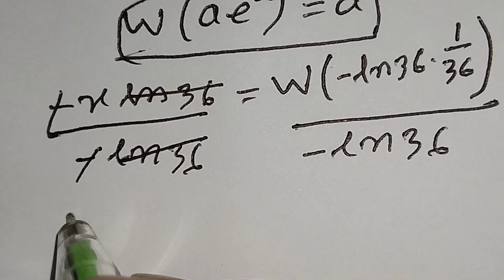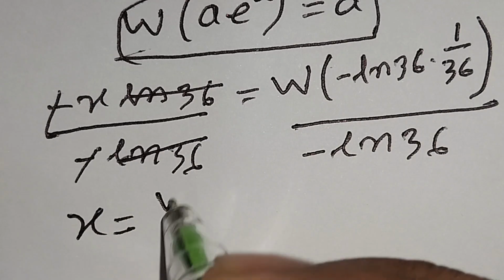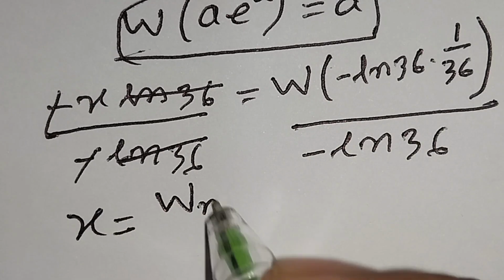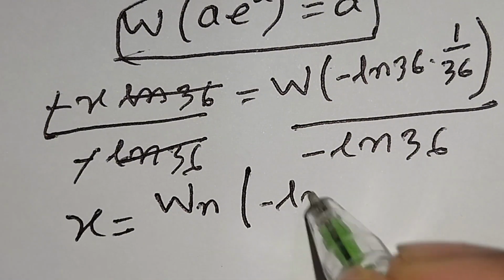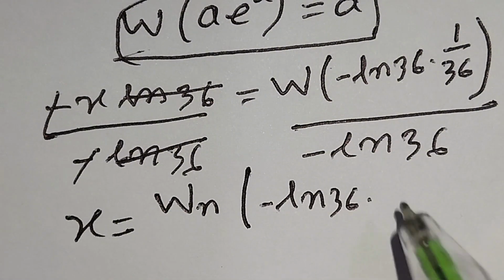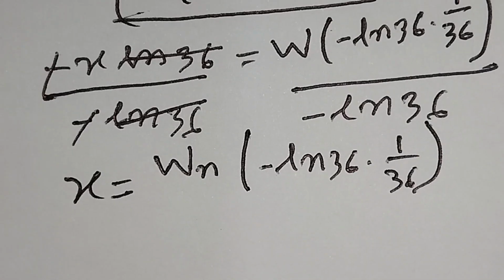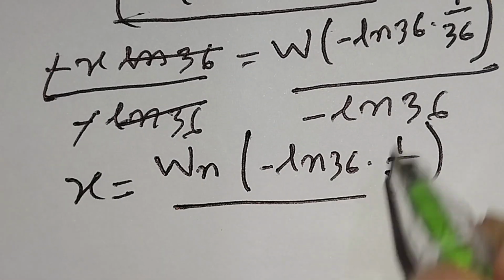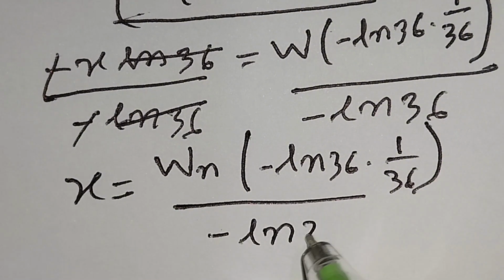Here remains x is equal to W_n of bracket negative ln 36 times 1 over 36 over this negative ln 36.